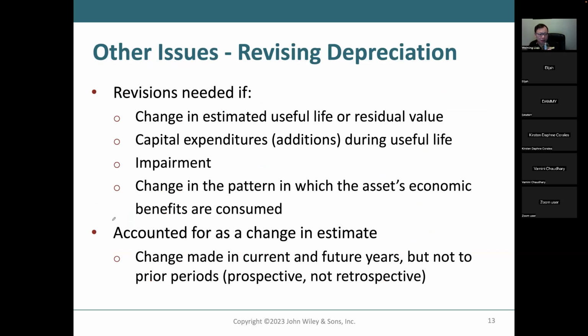And impairment. Sometimes your asset is not worth that much. Think about the office buildings in downtown Vancouver. Before COVID, downtown Vancouver was very busy.